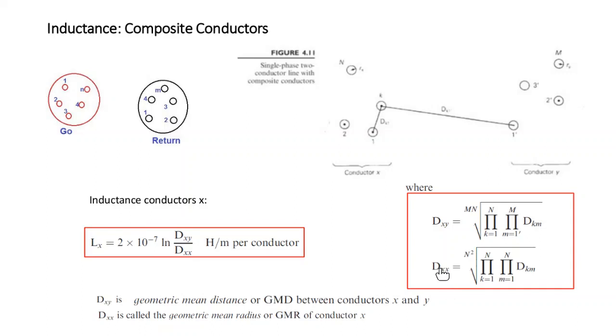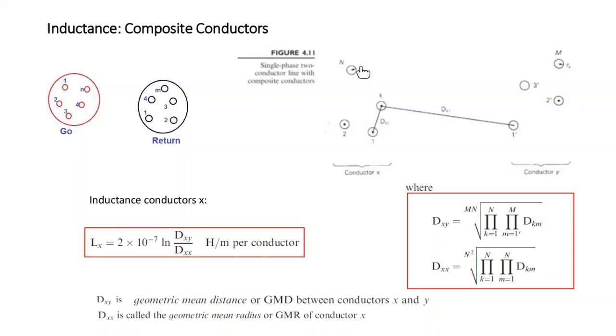Now here you can see the Dxx. How many conductors here? n conductors. Therefore, we put n squared. So if we have 4, this will be to the power of 16. If we have 2 conductors only, there will be 4.